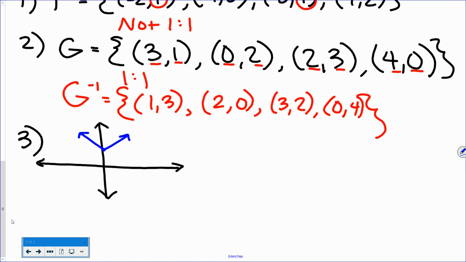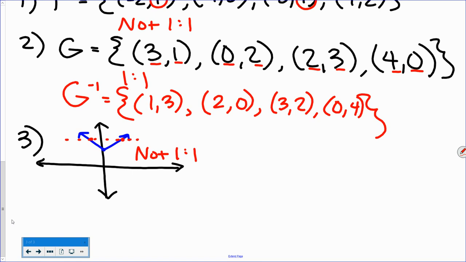It is not one-to-one. Do you know why? It would have repeating y values, right? It wouldn't pass the horizontal line test, all right? Because this y value would be the same y value here and throughout that graph, okay?